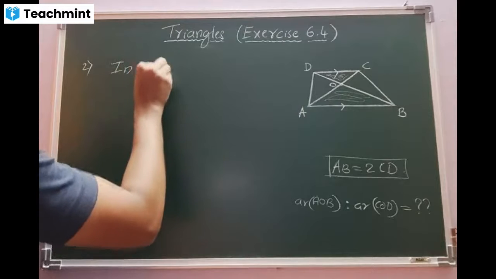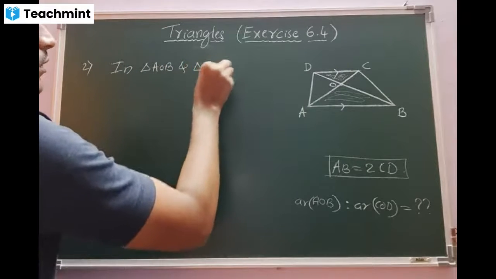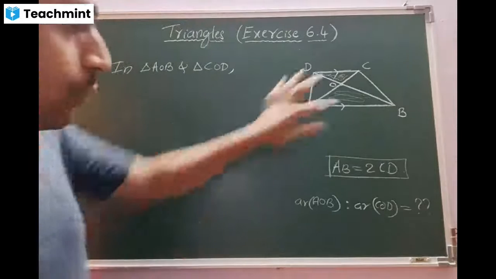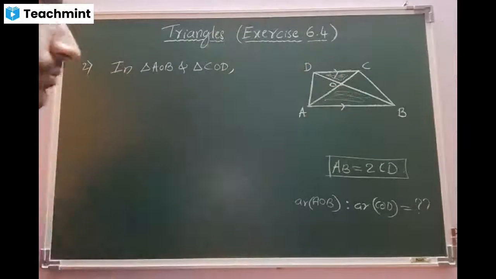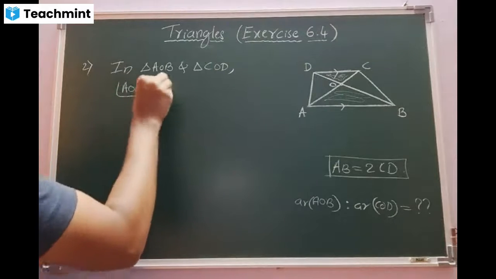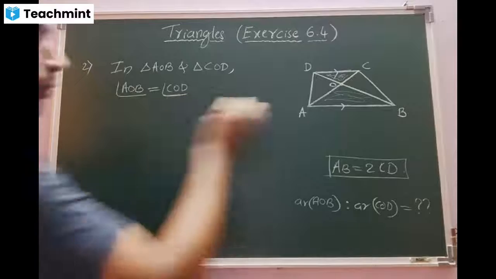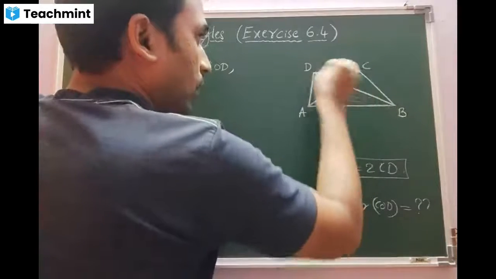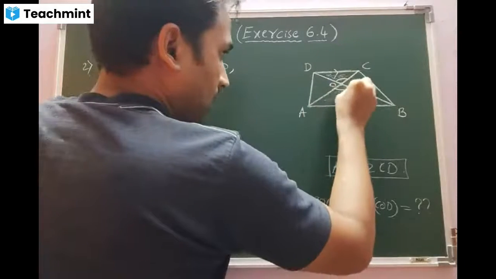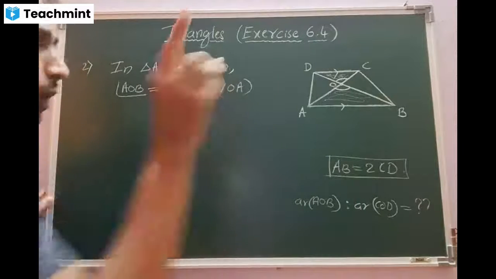In triangle AOB and triangle COD, can you tell me how we can say these are similar? Sir, angle DOC is equal to angle AOB. Yes, but why? These two are vertically opposite angles. One we got.